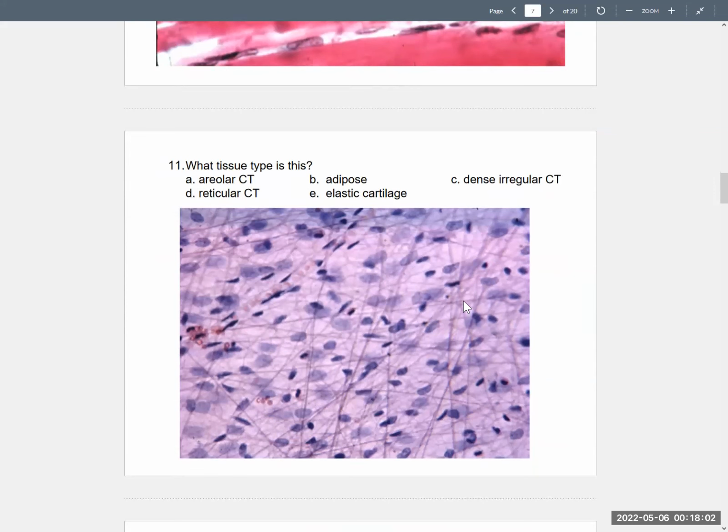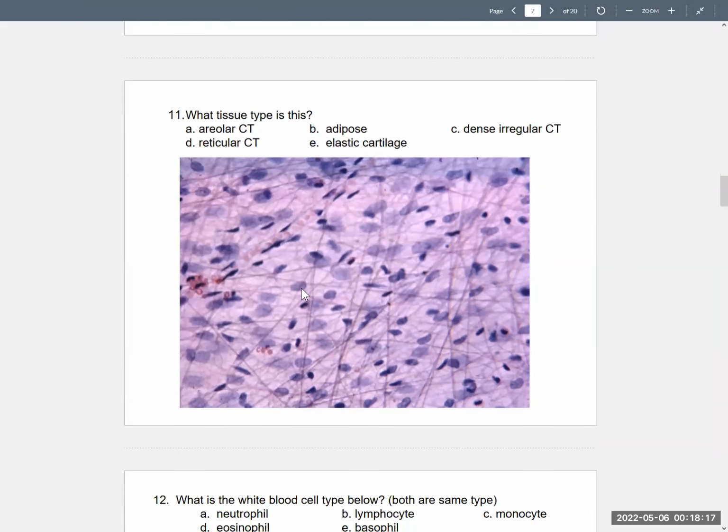One question. Usually they have two, but some have one. What's the tissue type that you're looking at here? I've shown you this on two different slides. This is a third slide. But these fibers running across it are common to all of the slides.